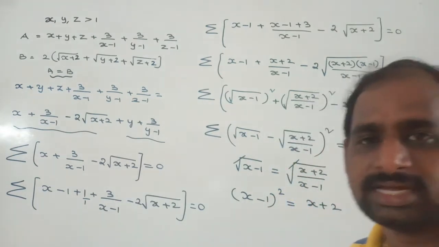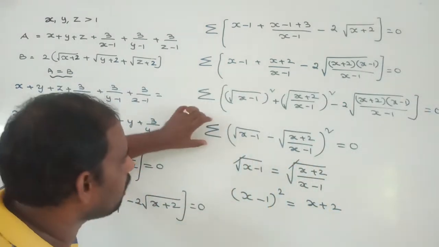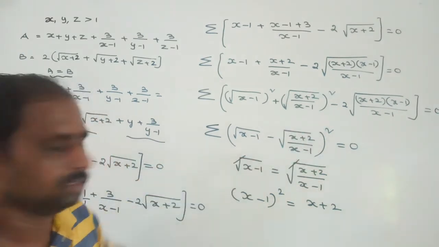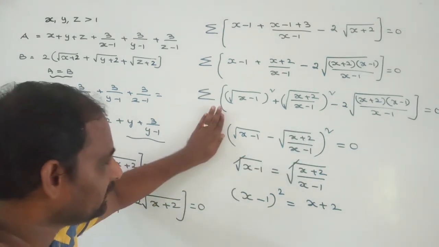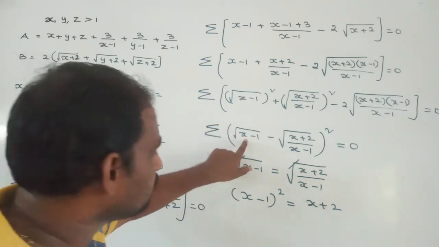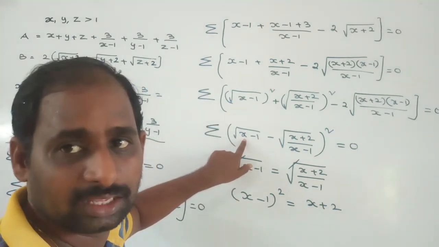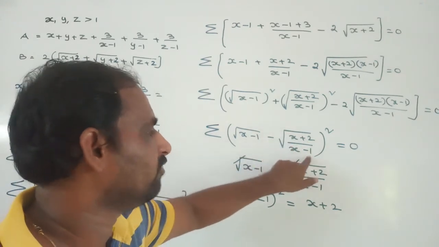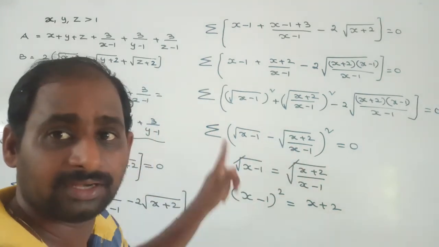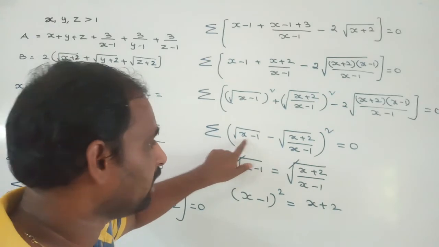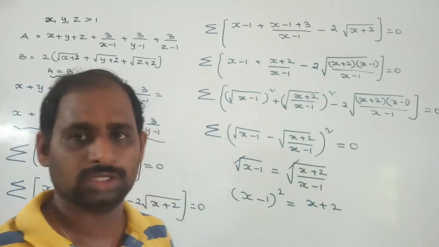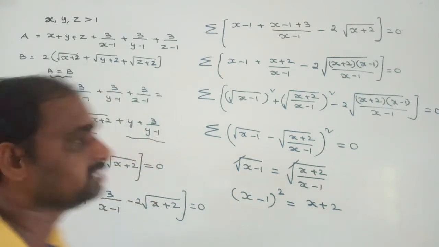Here you can understand one point: sigma of root x minus 1 minus root x plus 2 whole square. If we delete the sigma, instead of x you can write y minus 1 minus root of y plus 2 by y minus 1, so another term you will get z, root z minus 1 minus root of z plus 2 by z minus 1 whole square. Now we will simplify this value.